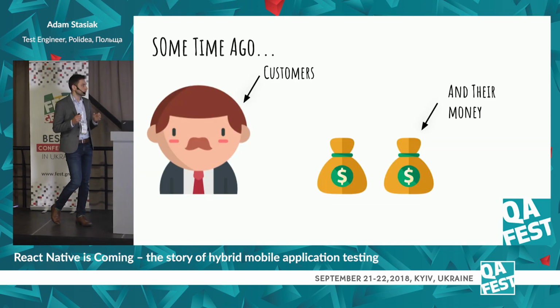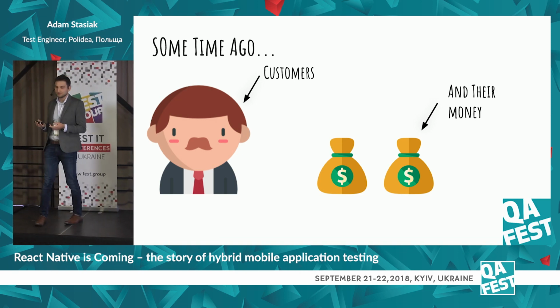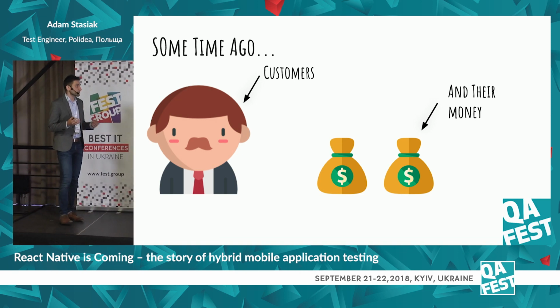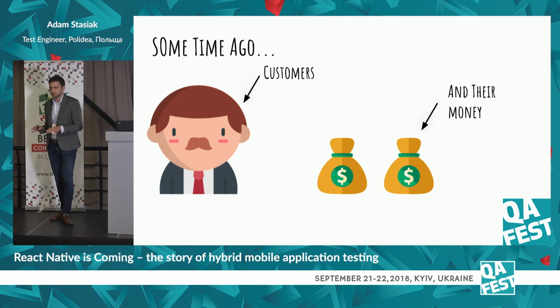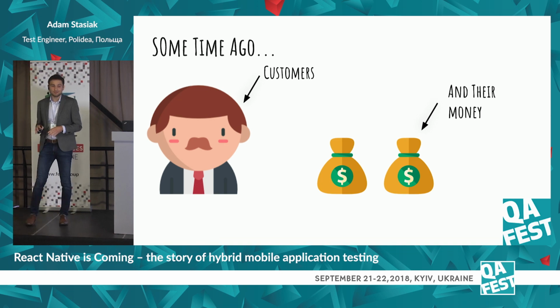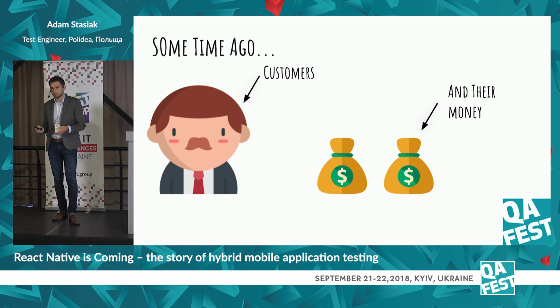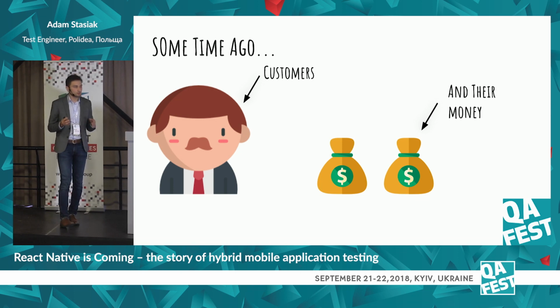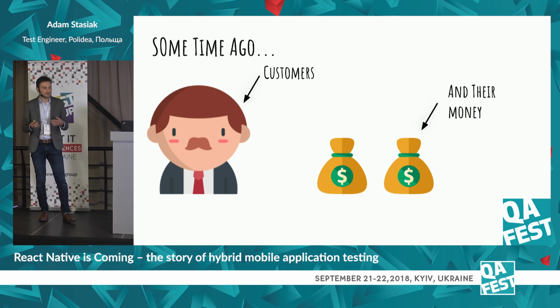And I want to explain why we are talking about the hybrid concept today. Some years ago, 10 years, 8 years, it was a great season for mobile developers, because all clients wanted to have a mobile app for their products. Everyone was excited about having a fancy app with some animations.